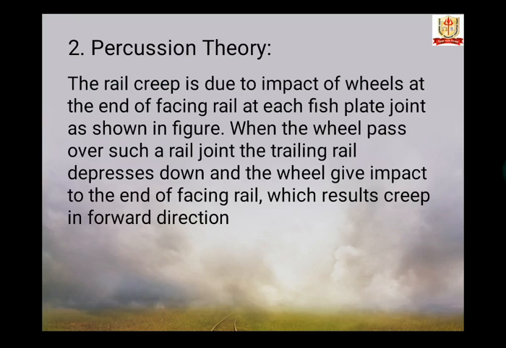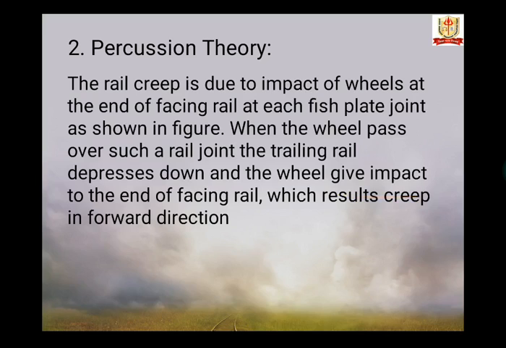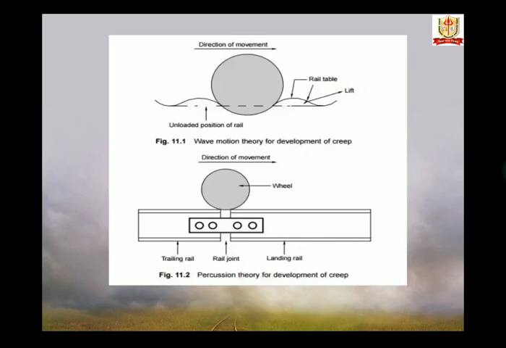When the wheel passes over such a rail joint, the trailing rail, this is a trailing rail, is depressed down and the wheel gives an impact to the end of the facing rail, which results in creep in the forward direction. Here is a trailing rail, this is your facing rail and this is your fish plate.